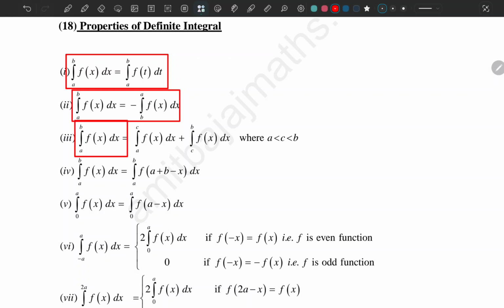Third, the integral from a to b of f of x dx equals the integral from a to c of f of x dx plus the integral from c to b of f of x dx. It's easy. You just break that integral into two parts, and c should be between a and b, obviously.